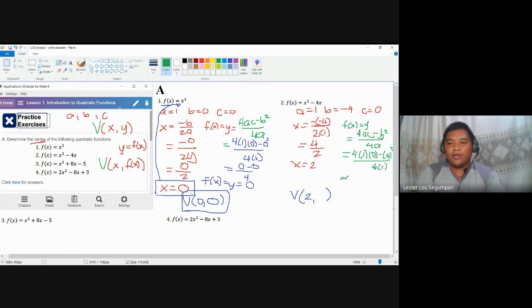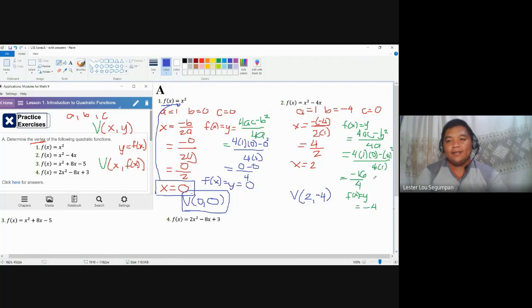So exponential first. The square of -4 is +16. And you have a negative sign, so you have a -16 here, all over 4 times 1, which is 4. So the f of x, or the y value for the vertex, is -16 over 4, which is -4. So this is actually the partner of 2.